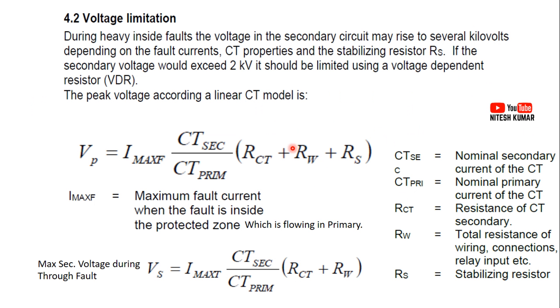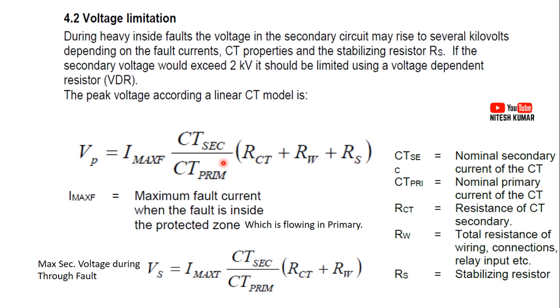In case of an inside fault, what will be the peak voltage according to the linear CT model? What will be the peak voltage in the CT secondary? See here, using this formula you can find it out. What will be the maximum earth fault current, and what is your CT secondary rating and CT primary?